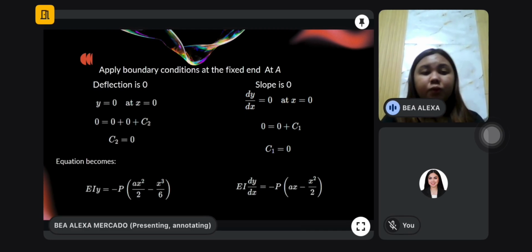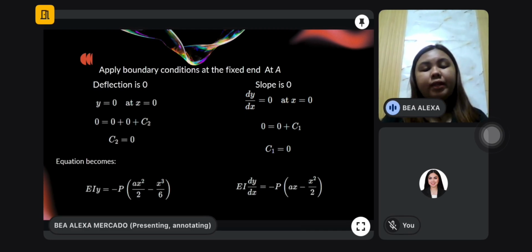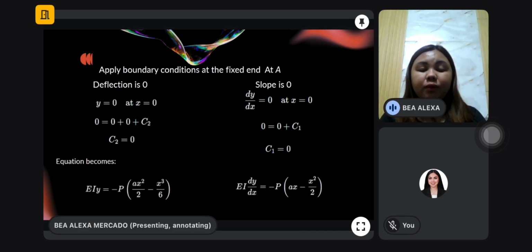The slope equation becomes EI dy/dx equals negative P times the quantity ax minus x squared over 2. The deflection equation becomes EI y equals negative P times the quantity ax squared over 2 minus x cubed over 6.